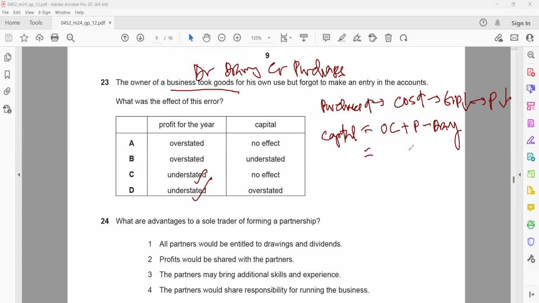So this profit is understated, and here the drawings are also understated. Let's assume this is 100, this is also 100. So minus minus, it becomes 0. There is no effect.